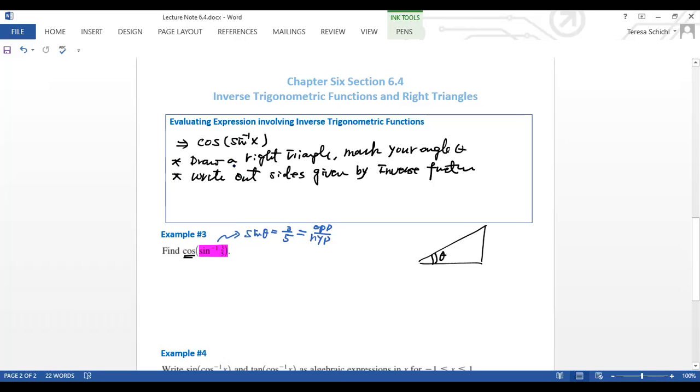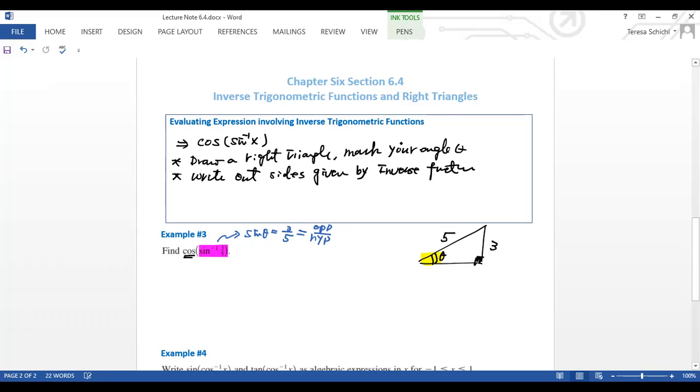So the second step is to write that out. That's why we mark the angle. Here it said arcsine is 3/5, which means sine theta equals 3/5. So the opposite side is 3, then the hypotenuse is 5, right? Because this is a right triangle.